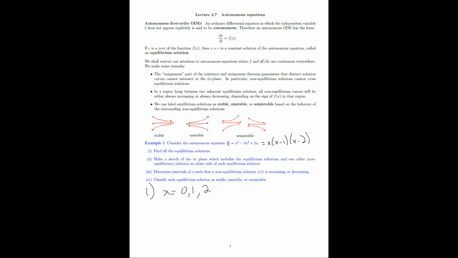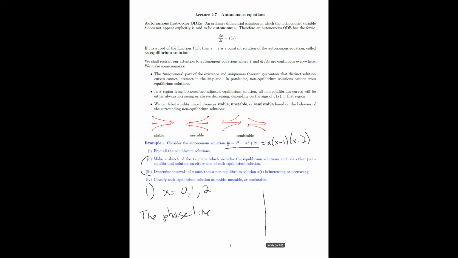Now again, which was stated in the last video, we're going to do part 2 and 3 here at essentially the same time. And to do that, we are going to introduce a concept called the phase line. To do the phase line, we want to just draw this function here.